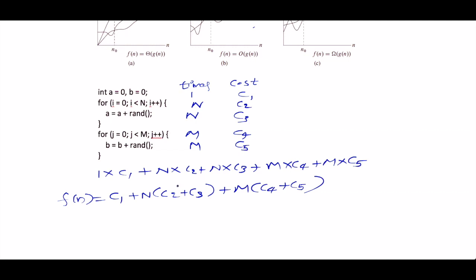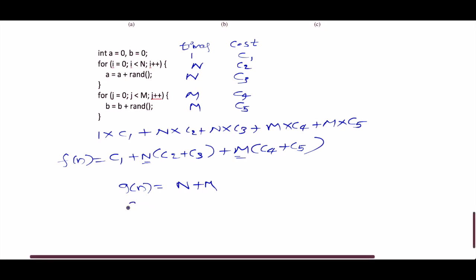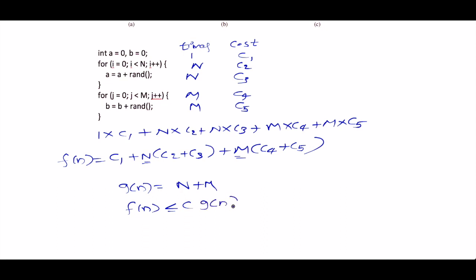Now in order to tell the complexity in big O notation, we need to come up with g of n, right? What I can see is, because I have n and m, I will say n plus m. Let's put it in our formula. f of n should be less than or equal to c into g of n, right?